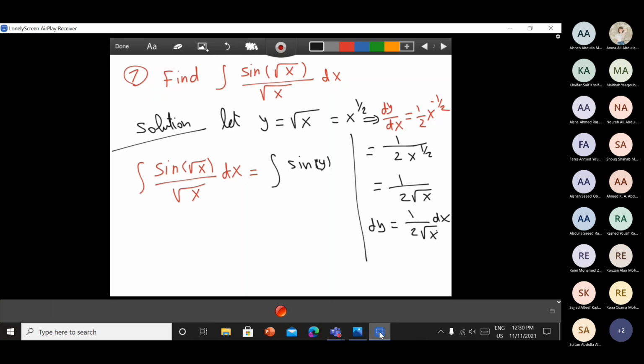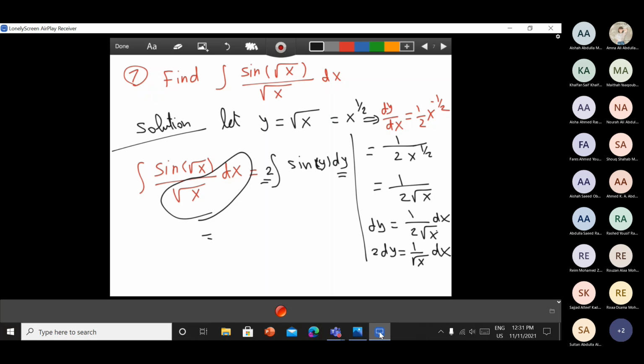I get the 2 with the dy. So I have 2 dy will equal to 1 over root square x dx. Now I am ready to have this one as dy, but I have to take the 2 outside because dx over root square x is 2 dy, right?